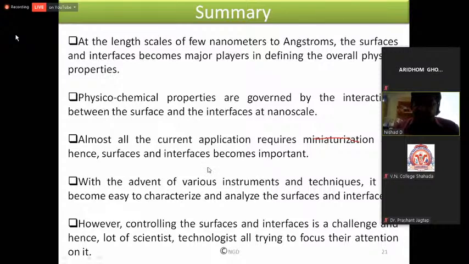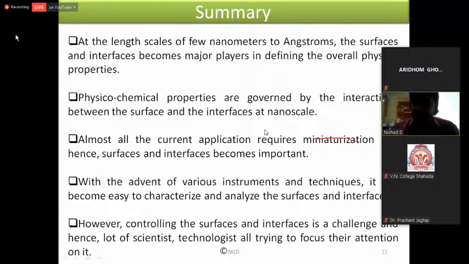So using various techniques, we can identify and study these surfaces and interfaces. And what remains a challenge for all our scientists is how we are going to actually control the surface and interfaces. So this is the main focus of the study currently going on worldwide, and I feel that this becomes a very important aspect for all researchers today to study surfaces and interfaces and try to make various devices which are commercialized.